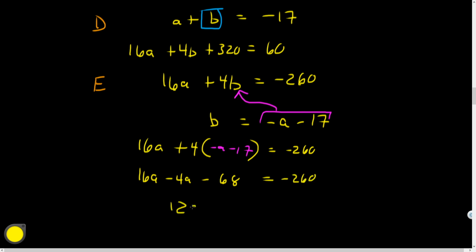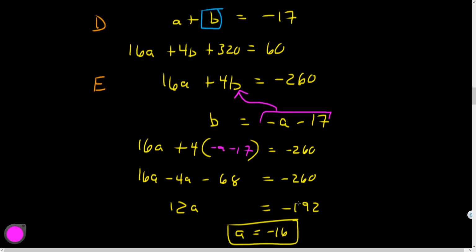Careful with my signs. 12A, we'll add 68 to both sides. Negative 192, that feels divisible by 12, and yep, divided by 12, I get A equals negative 16.